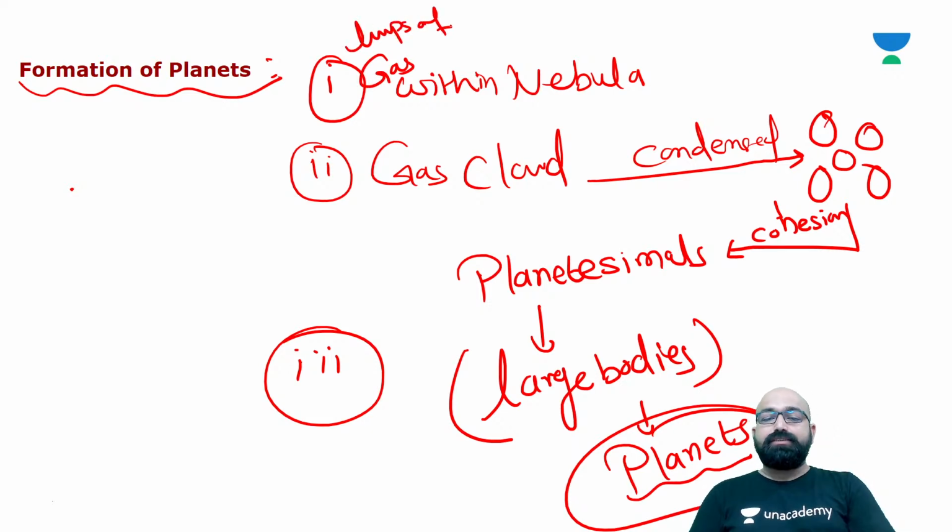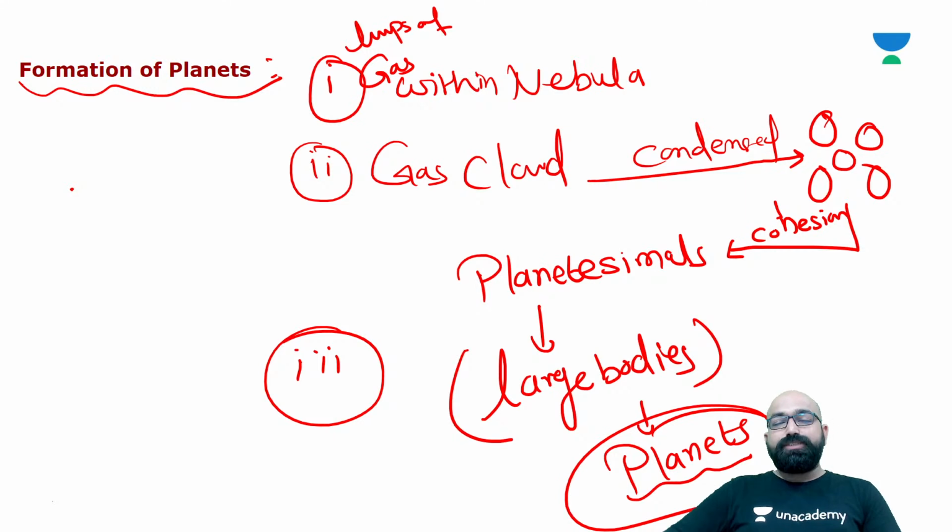The gravitational force within the lumps leads to formation of a core to the gas cloud, and a huge rotating disk of gas and dust develops around the gas core. Then in the next stage, the gas cloud starts getting condensed and the matter around the core develops into small rounded objects.